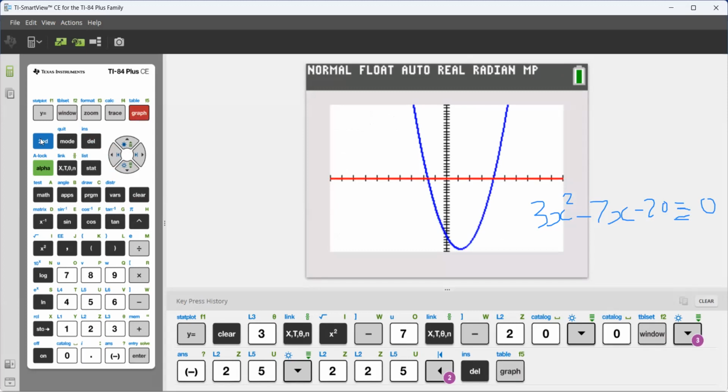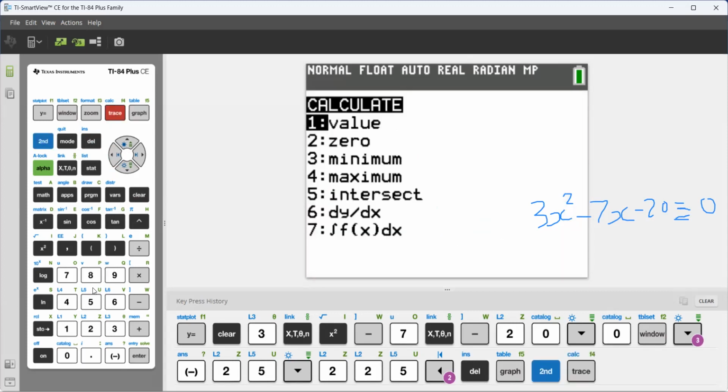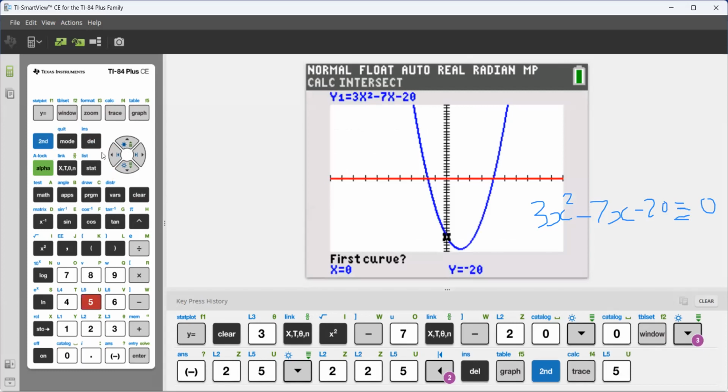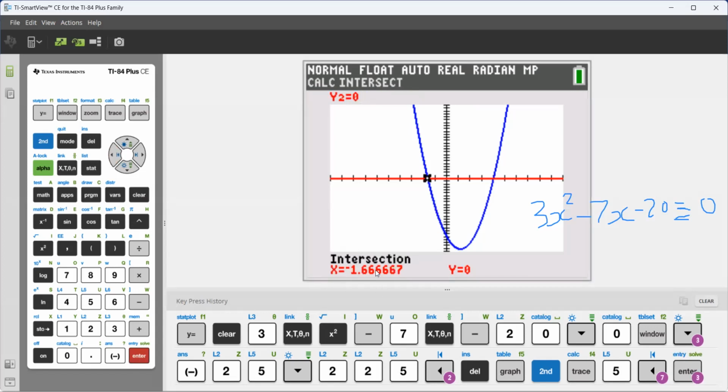So I want to verify my answers. So I'm going to do second calc, then you do 5. I'm going to move this closer and then hit enter, enter, enter. Negative 1.667. What is negative 1.667? It's negative 5 over 3. Put that in the calculator and then you see it's the same thing.